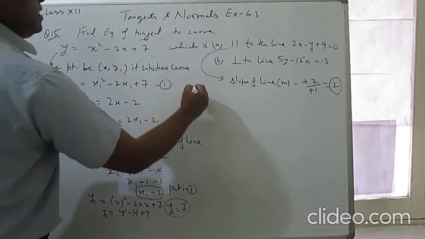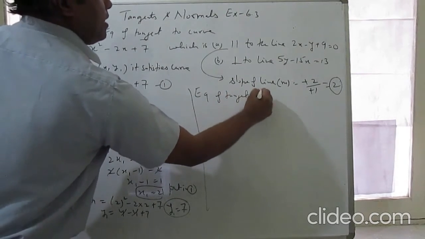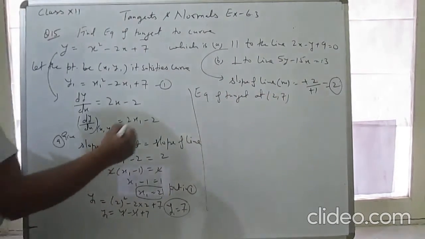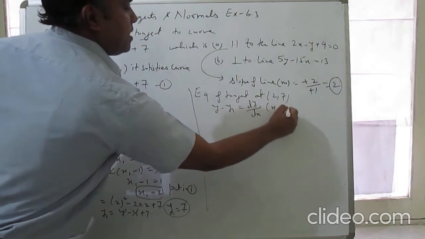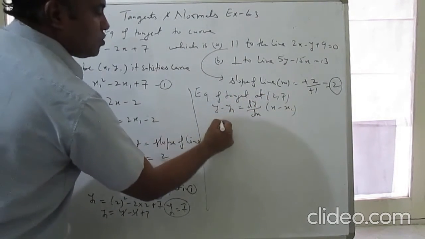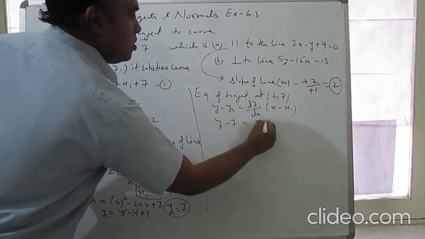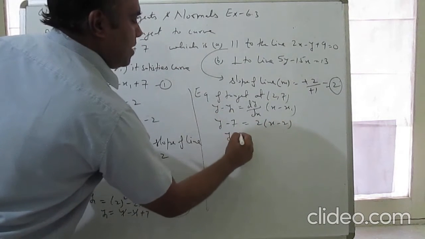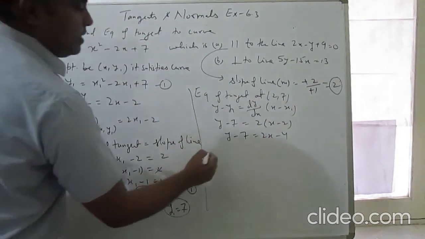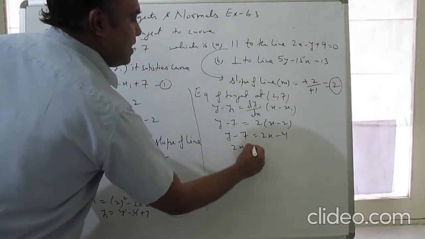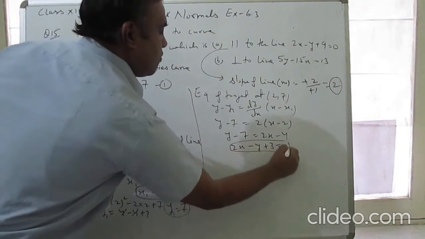So equation of tangent at (2, 7): y minus y1 is equal to dy by dx times (x minus x1). dy by dx is 2, so y minus 7 is equal to 2x minus 4. So it is 2x minus y, take 7 to the other side, plus 3 is equal to 0. This is the equation of tangent.